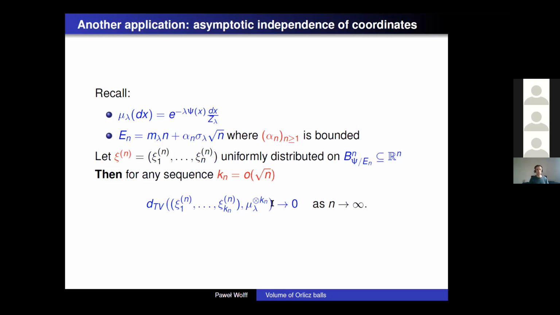These are close in the total variation sense. As the dimension grows to infinity, the total variation distance goes to 0.